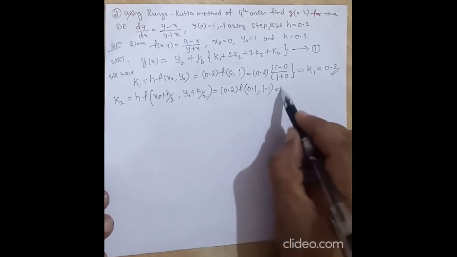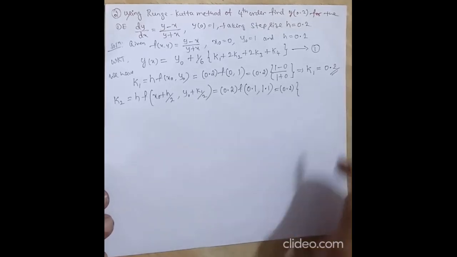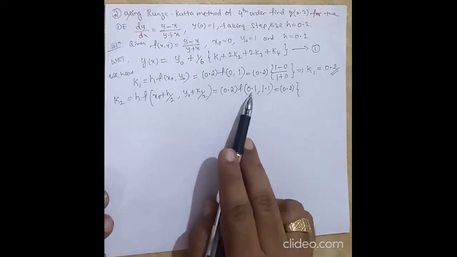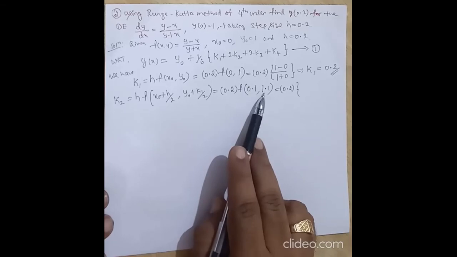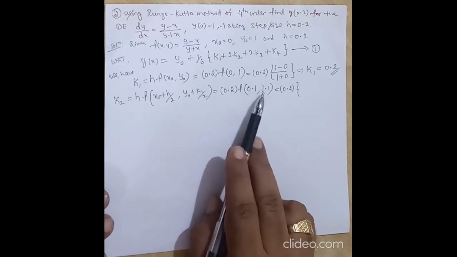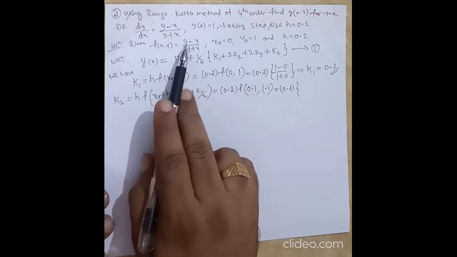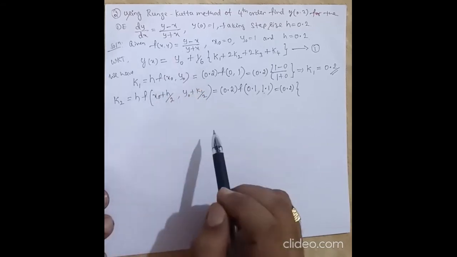So we get 0.2 into, see here, same, f of x comma y. So x is 0.1, y is 1.1. So let us substitute this x and y in the given problem. F of x comma y is equal to y minus x by y plus x.